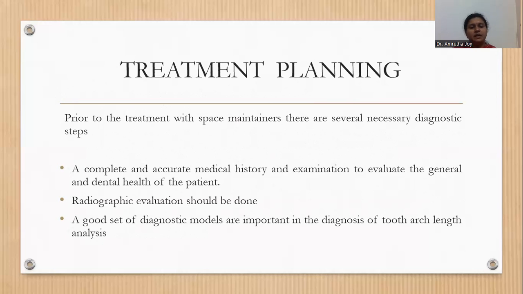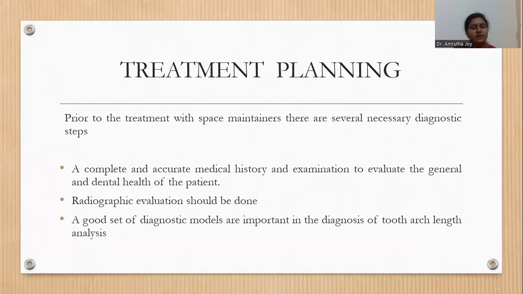Coming to treatment planning. Prior to treatment with space maintenance, some steps should be followed. We need to take a complete and accurate medical history and examination to evaluate the general and dental health of the patient. For example, if the patient is epileptic, we cannot give a removable space maintainer.